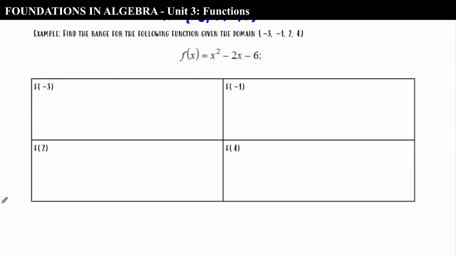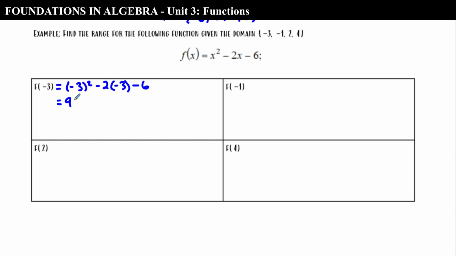All right, we're going to find the range for this function. So again, it's just a matter of plugging in. So we have -3 squared minus 2 times -3 minus 6. Okay, so we know that -3 squared is 9.